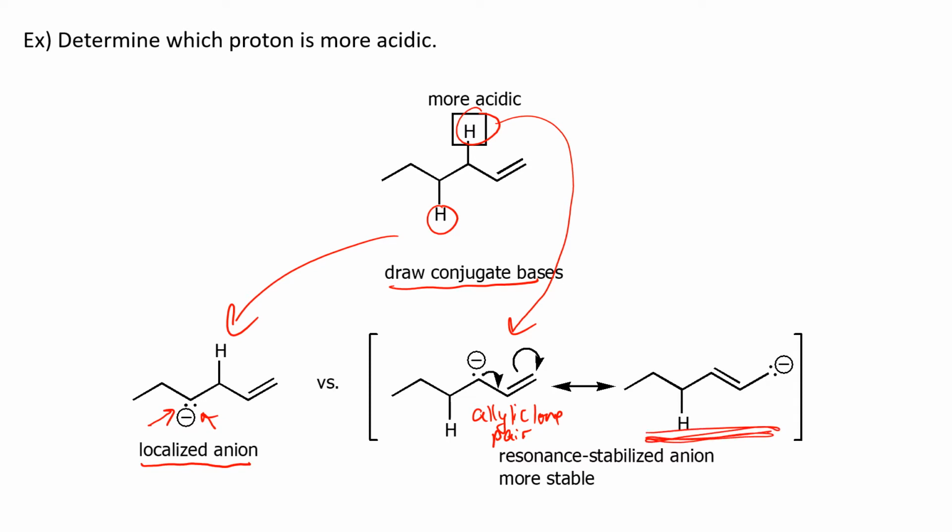So removing this proton results in a formal charge that can be resonance stabilized. So that means that this conjugate base is more stable, making this top proton the more acidic one.